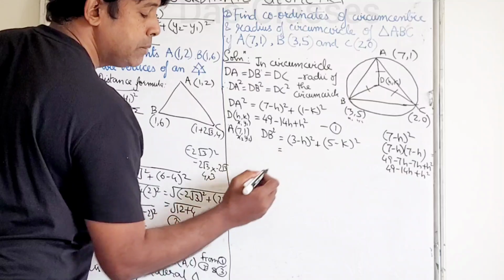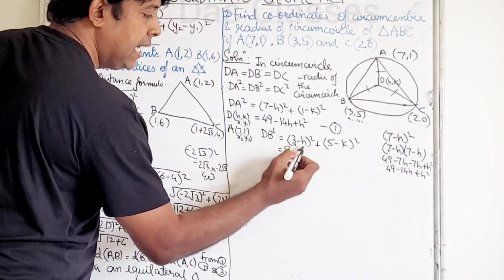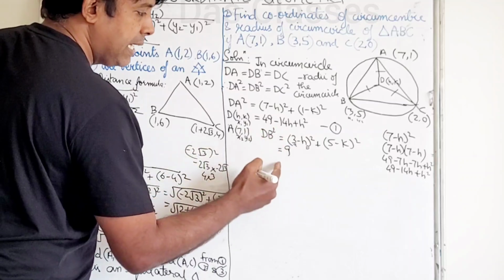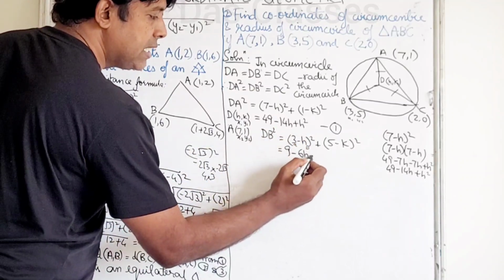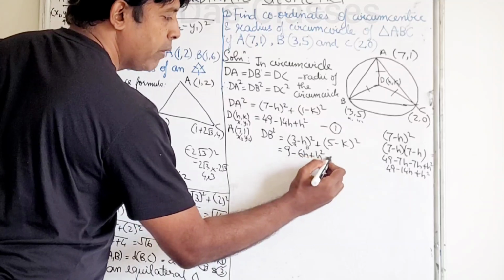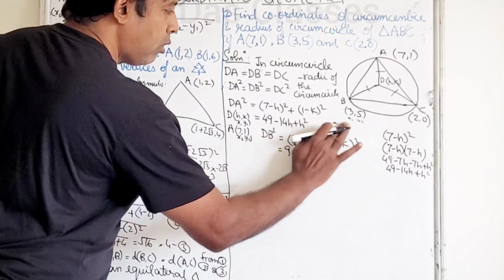Again the same thing, (a minus b) whole square is a square, that is 9, minus 2ab, that is 2 into 3 into h, that is 6h, plus b square, that is h square.